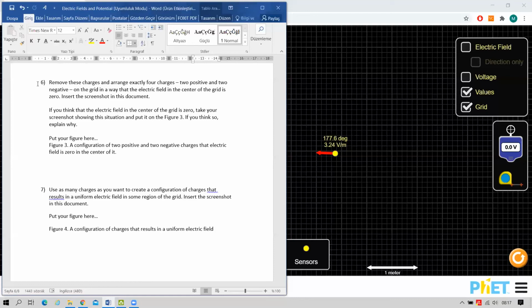So try to catch a 0 electric field at the center. Wherever you put these 4 charges, try to find the point where the electric field is 0. And once you accomplish this, take a screenshot of this arrangement and put that screenshot over here.